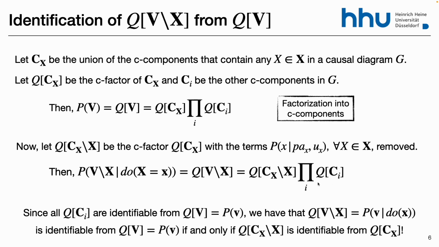This I know is identifiable, so the question now is, is this identifiable? This Q of C_X minus X. So that's what we are going to see, if this Q of C_X minus X is identifiable from Q of C_X. Q of C_X is also a C component. We know that's identifiable, but we want to know if removing the X, it is still identifiable.